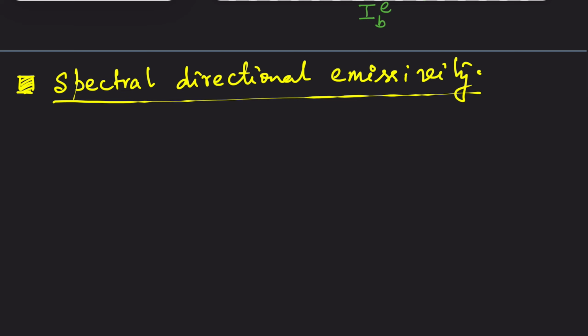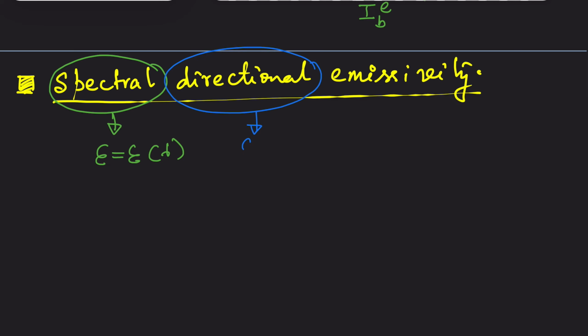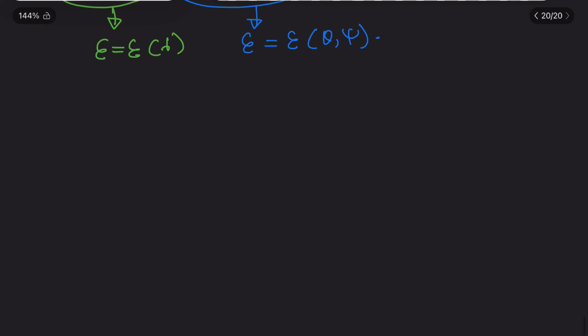The moment I say spectral, you should identify that it means my emissivity is a function of lambda. The moment I say directional, instantly you should identify that my emissivity is a function of theta and psi, and it is also a function of temperature.